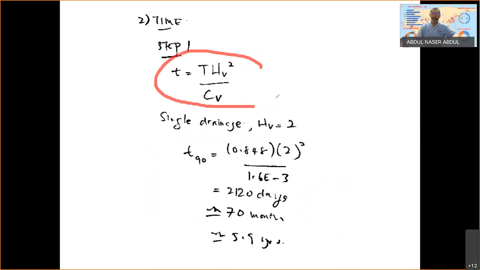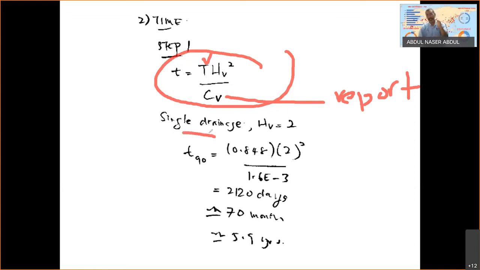Time equals T multiplied by H vertical squared, divided by CV. Remember CV, I told you, it's from the SI report. So that's why the SI report is important. Otherwise, you cannot estimate the time. In this case, we consider single drainage.